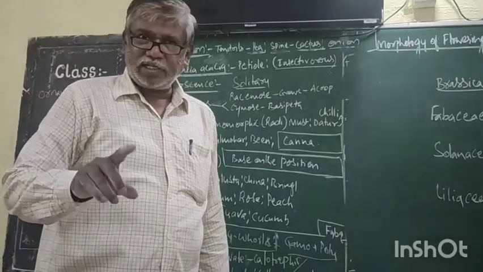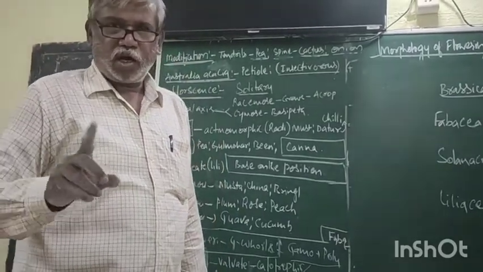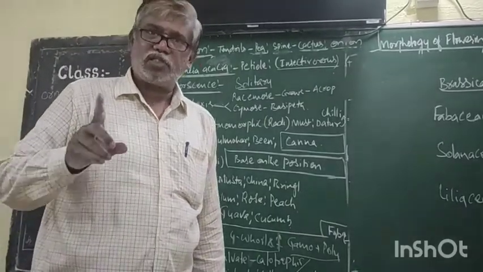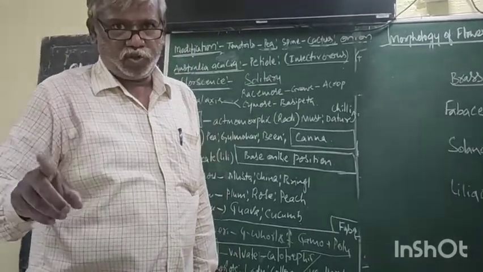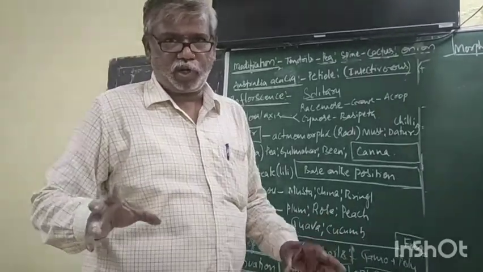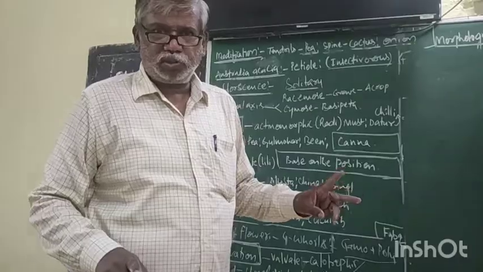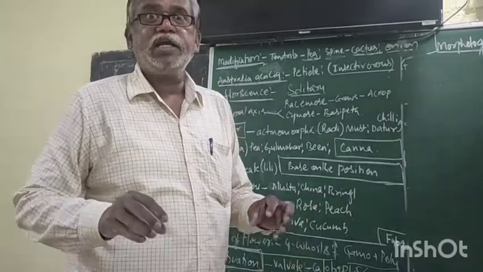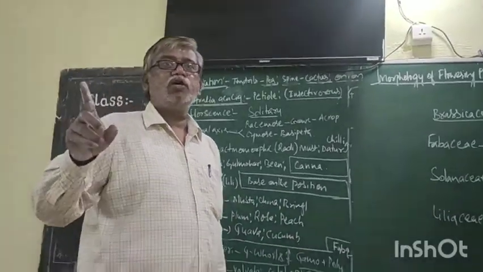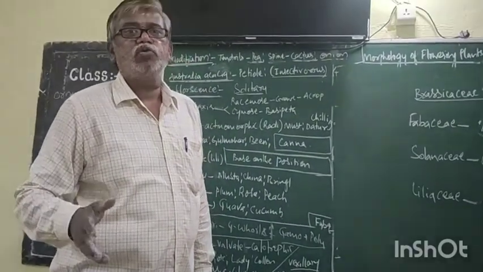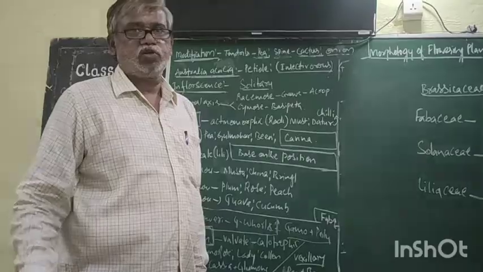The calyx is made of sepals, corolla of petals, androecium of stamens, gynoecium of pistil. Among these four whorls, the first two, calyx and corolla, are non-essential. Androecium and gynoecium are essential. The androecium is male reproductive, the gynoecium is female reproductive.